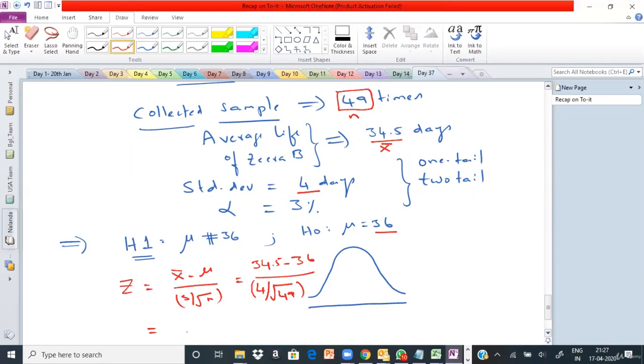Let us assume this is coming as minus 2.62, just to avoid the calculation part. Why is it minus? Based upon H1, this is a two-tail test. That means you are looking at both sides, this side and this side.